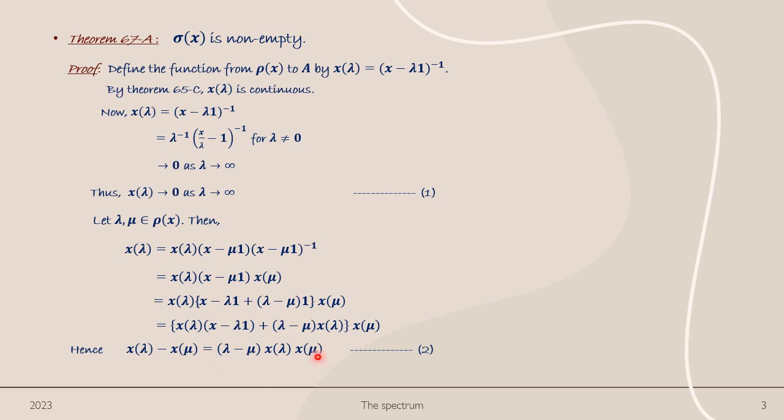This part becomes 1, because X of lambda equals (x minus lambda 1) power minus 1. So 1 into X of mu is X of mu, minus (lambda minus mu) into X of lambda into X of mu. Taking X of mu to the left hand side, X of lambda minus X of mu equals (lambda minus mu) into X of lambda into X of mu. Take it as 2.